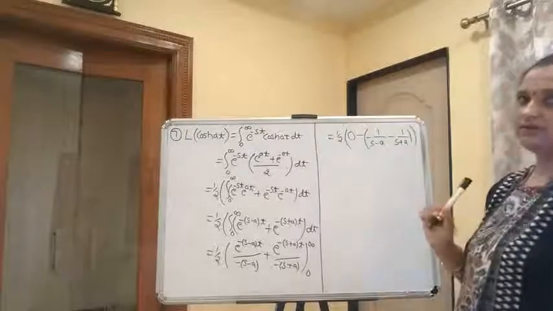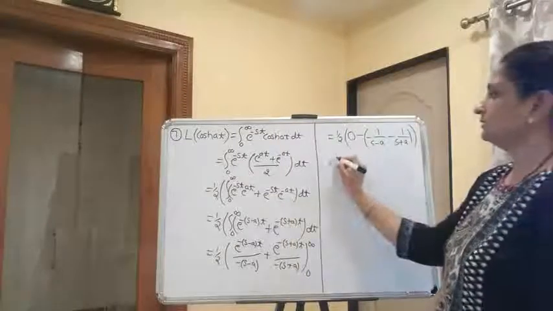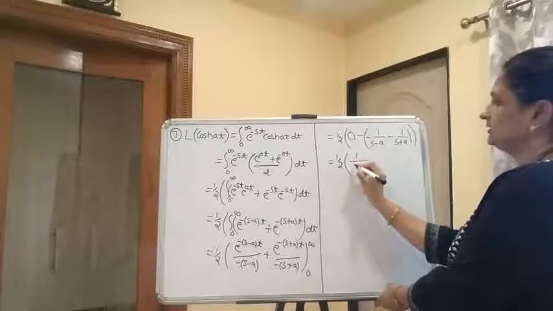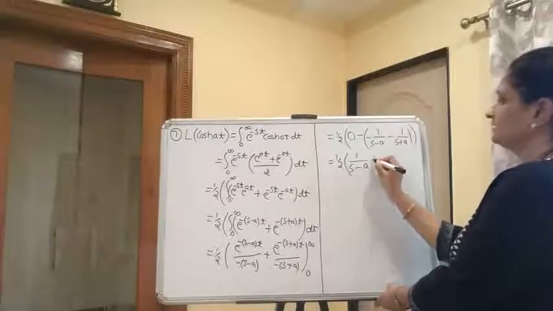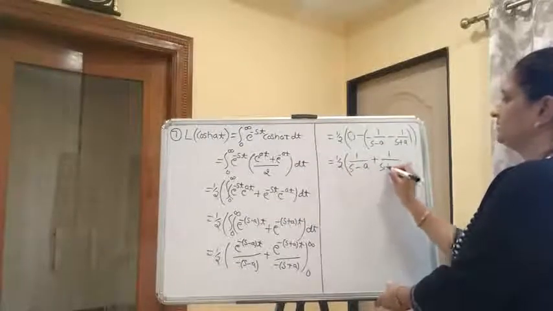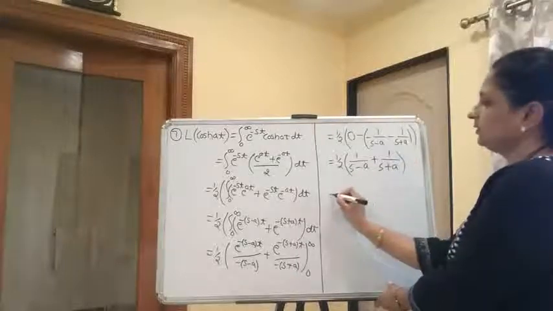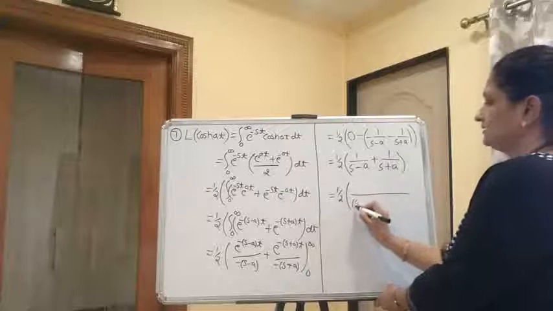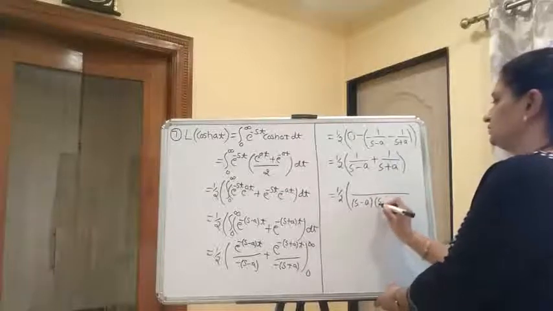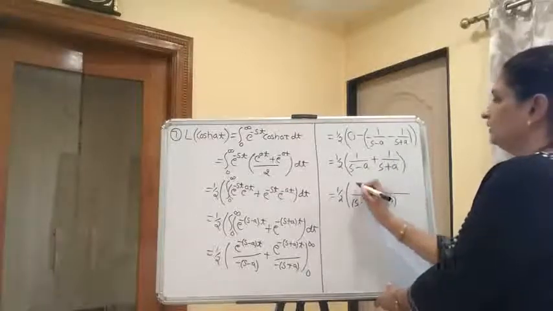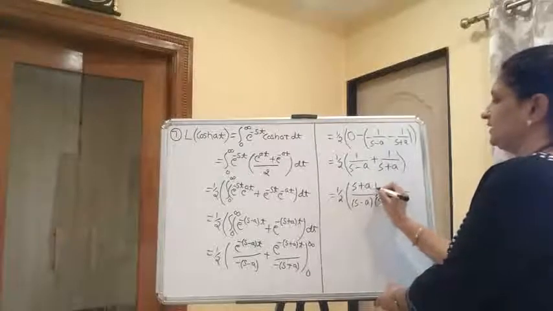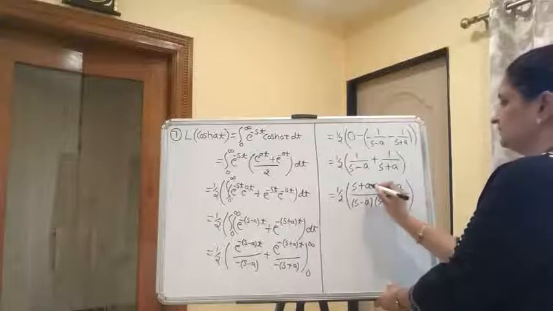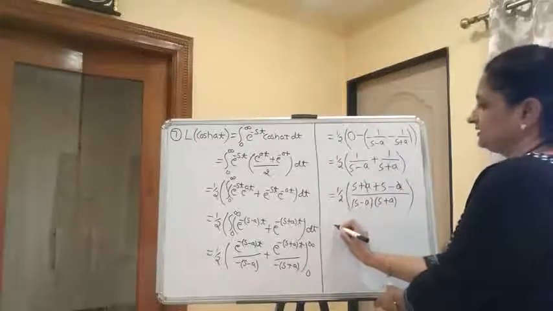Let us simplify this term. So that is 1 by 2 times minus of minus plus 1 by s minus a plus 1 by s plus a. Take the common denominator. Denominator is s minus a into s plus a. Numerator is s plus a plus of s minus a. That is s minus a. A and a will cancel out.